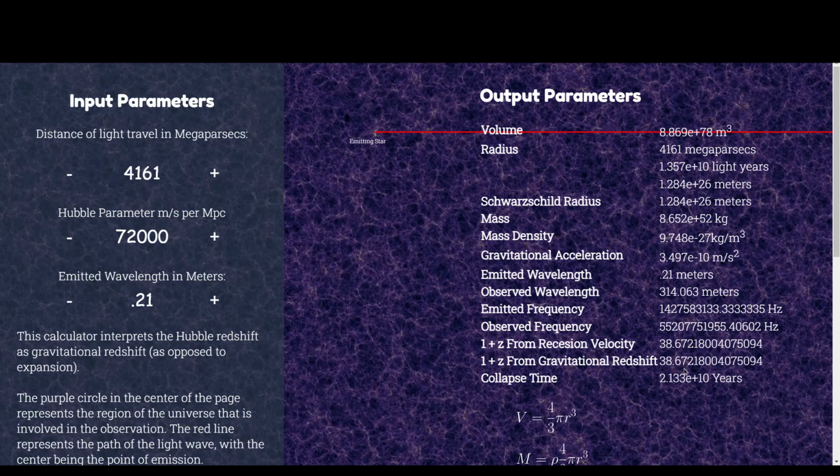Look at the Schwarzschild radius though. Typically the Schwarzschild radius is much, much smaller than the radius, the travel distance. But as the radius increases, the Schwarzschild radius increases, and it surpasses here.